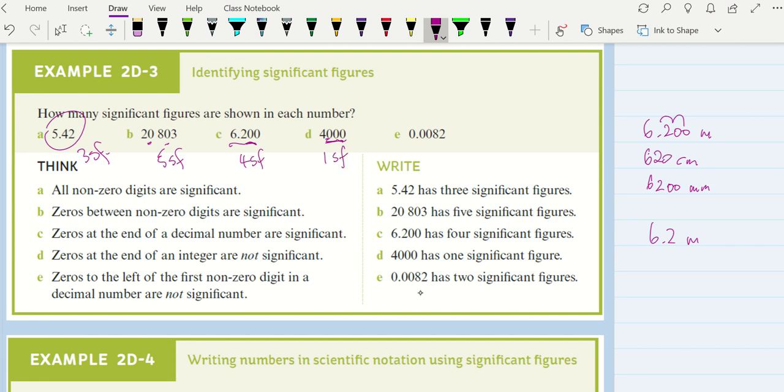I suspect this is what a few of you might be confused on. And then if we have a look next here, similar sort of issue, these are not significant and these are not significant. So we've only got 2 sig figs there. And the reason for that is that zeros to the left of the first non-zero digit in a decimal number are not significant.